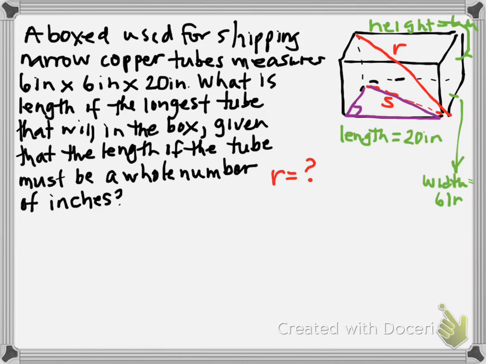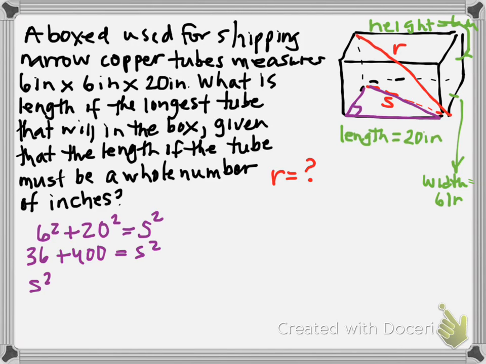So to figure out S, we have the width of the box squared plus the length of the box squared equals the diagonal of that bottom part of the box. So we get 36 plus 400 equals s squared.